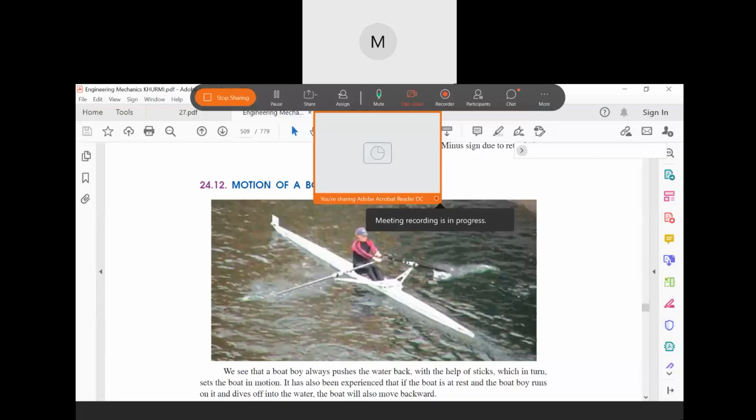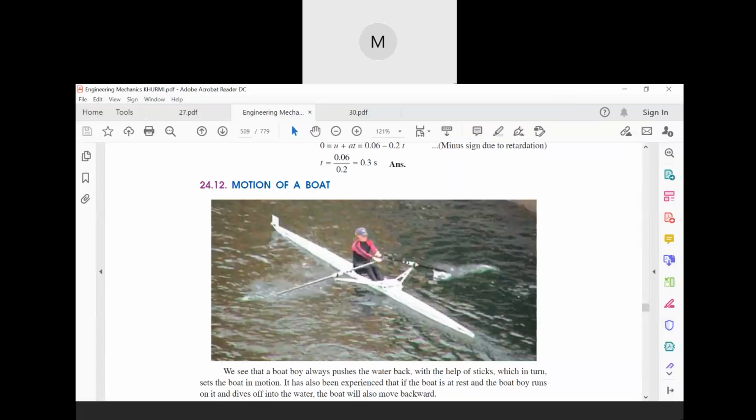There is another application of this, which we can call the motion of a boat. So what does motion of a boat actually mean? Suppose you are rowing the boat in one direction, and the boat is moving in one direction, and the water is moving in the opposite direction. That means what?